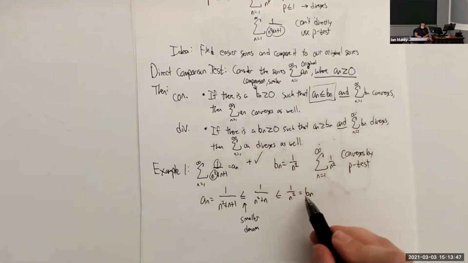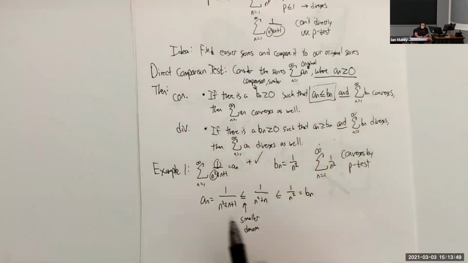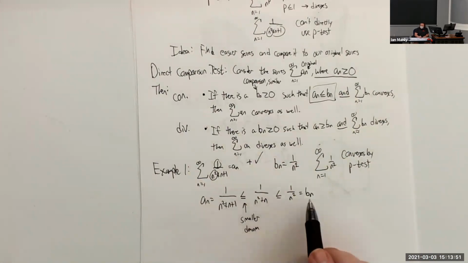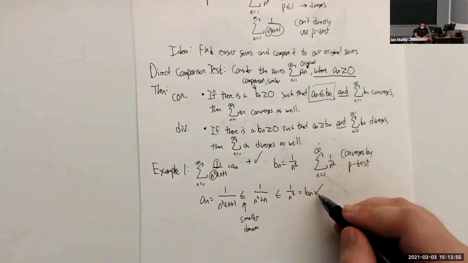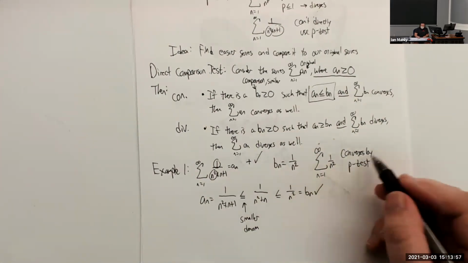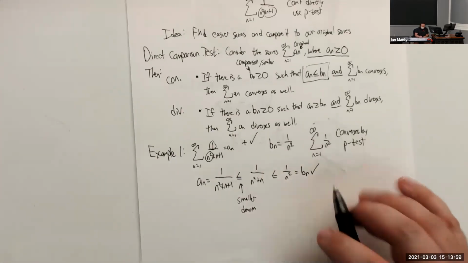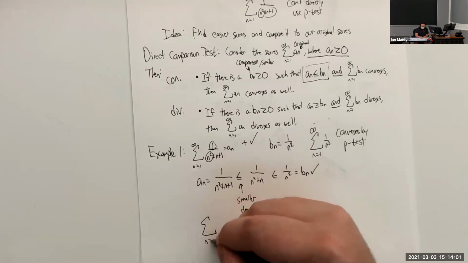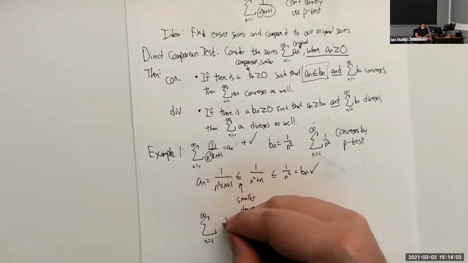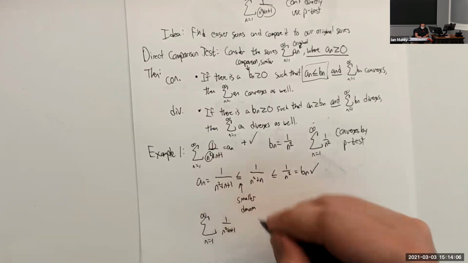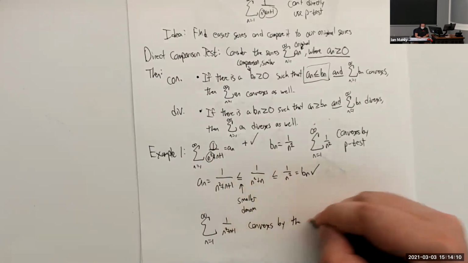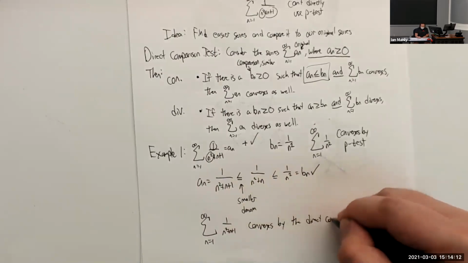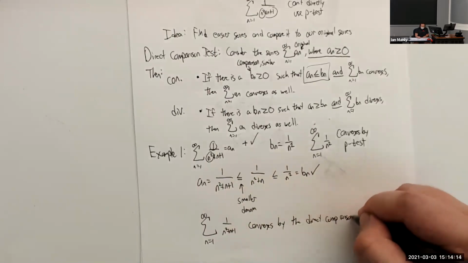So we see if we connect all of these inequalities together, we have a_n is less than or equal to b_n right here. So since we satisfied this and b_n converges by the p-test, we know that our original series, 1 over n squared plus n plus 1, converges by the direct comparison test.